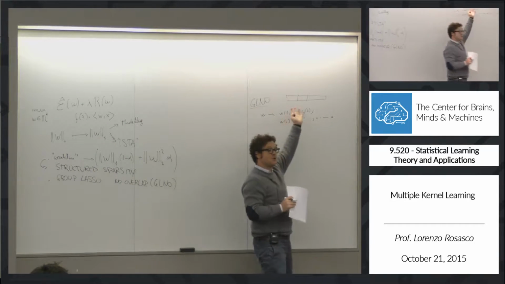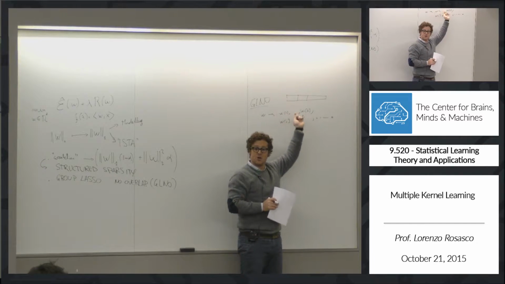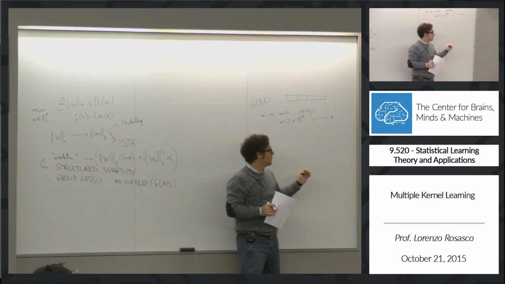The assumption now is that this group structure is given a priori. Of course, they don't have to be adjacent, okay? And this is just to draw it in a simple way.